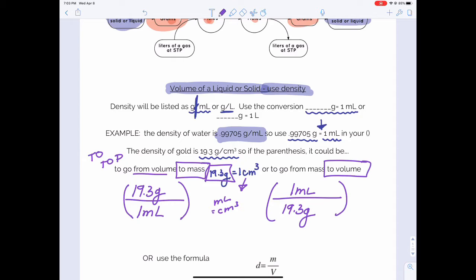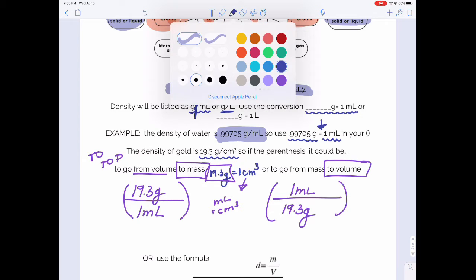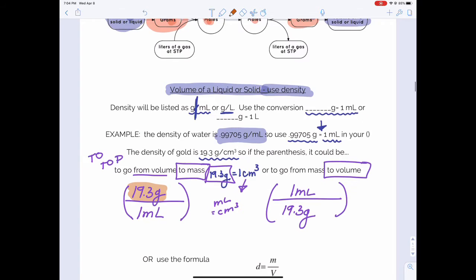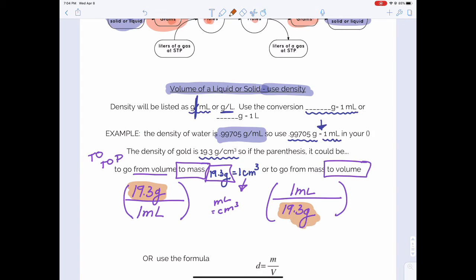Where students get a little tripped up on this sometimes is that they forget that the number always goes with the mass unit. So notice that for gold, 19.3 will always go with grams, and the 1 is always part of the denominator. It's always part of either 1 milliliter or 1 liter or 1 centimeter cubed.